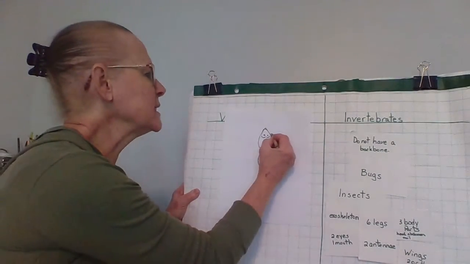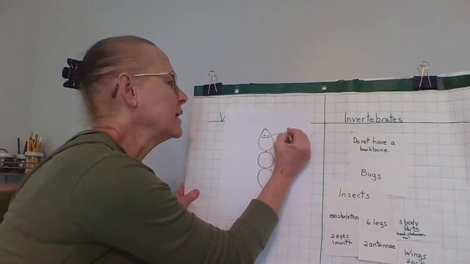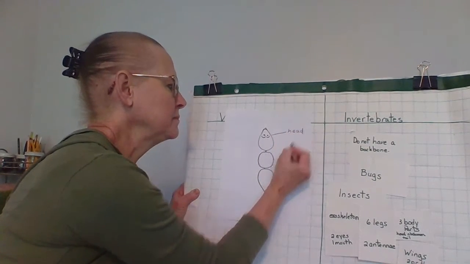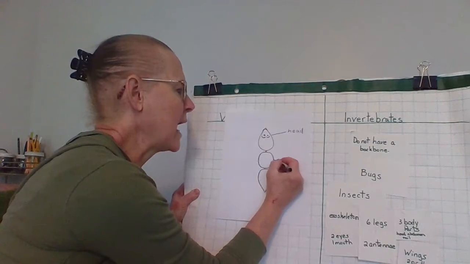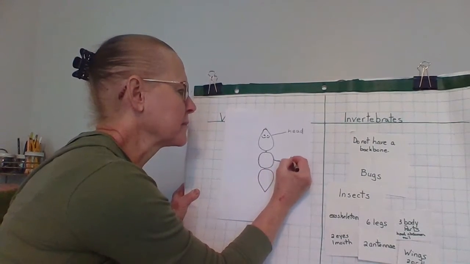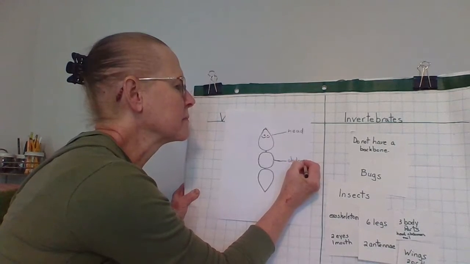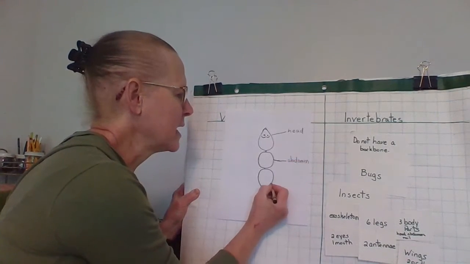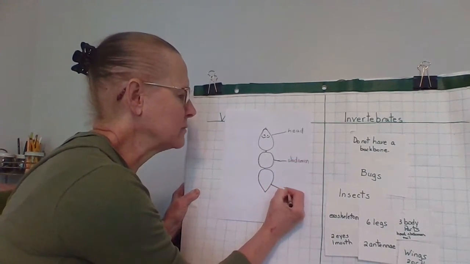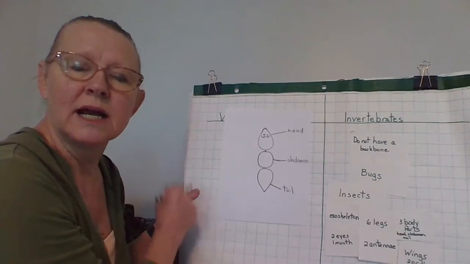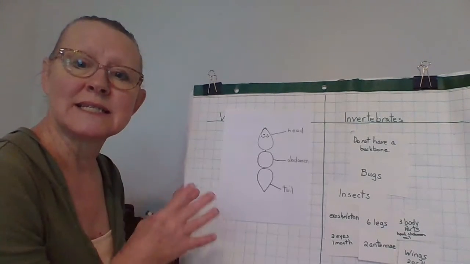All right, so this is his head. I'm going to draw a little line and write head. This is his abdomen. And this is his tail. And we also said that they have 6 legs.